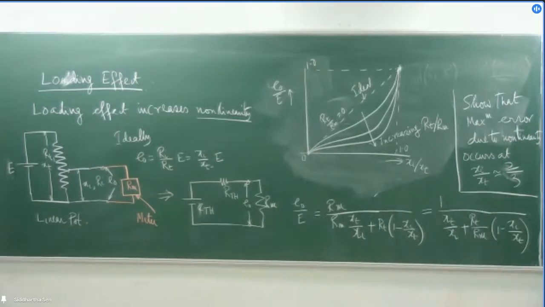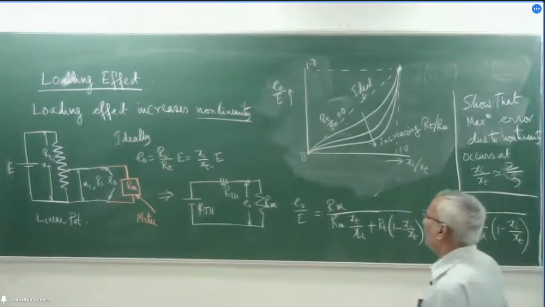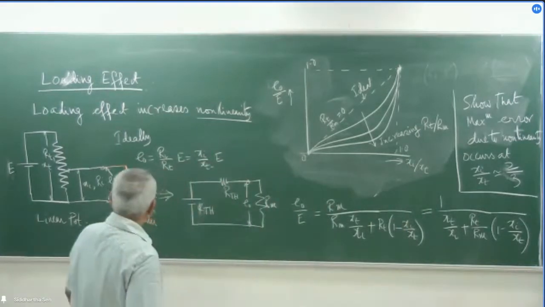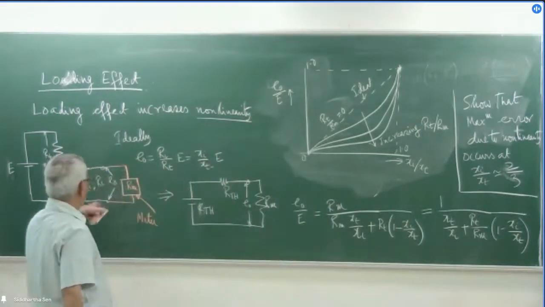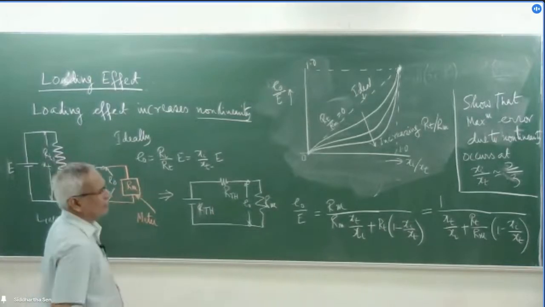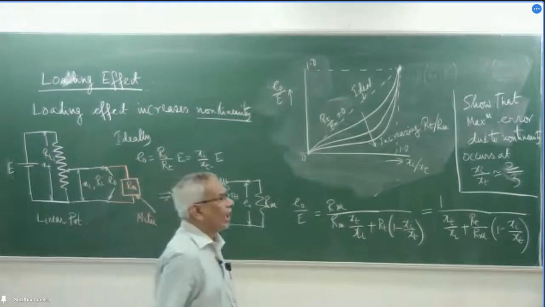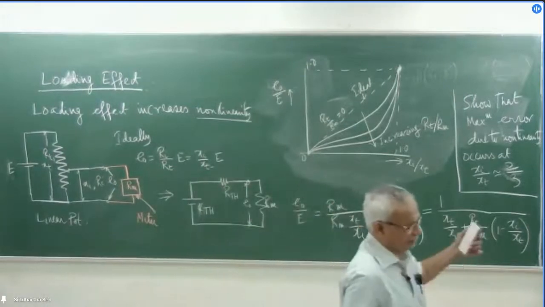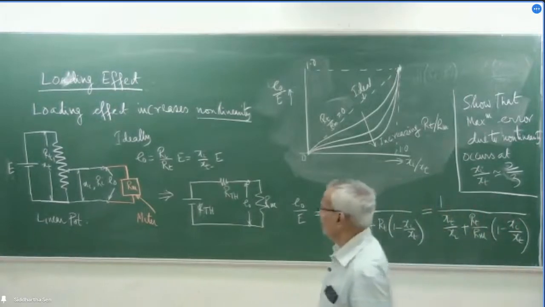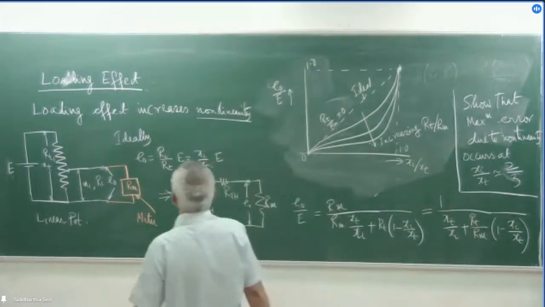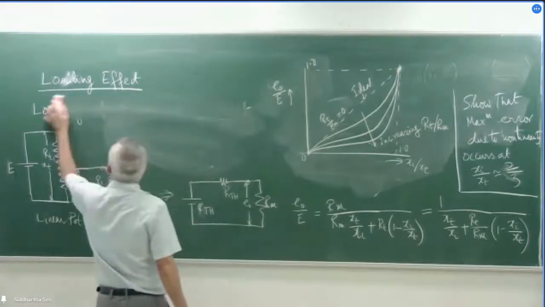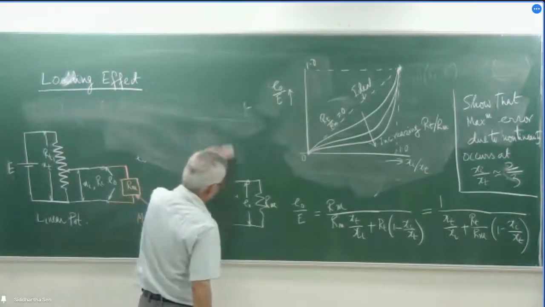Now the question is, what is the remedy? Suppose we don't have any other meter, and the meter resistance is low and comparable to this one. Can we decrease the nonlinearity? What is the way we can decrease the nonlinearity?